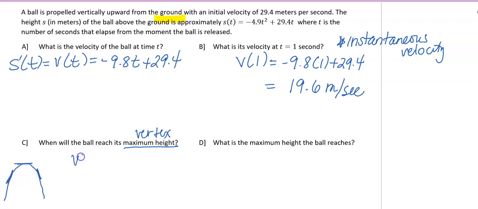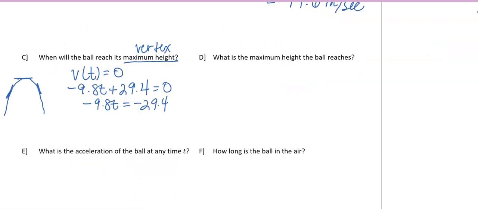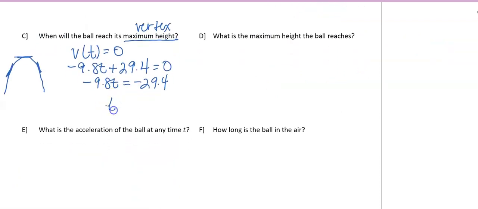So we want to find when v of t equals 0. So let's take negative 9.8 t plus 29.4 equals 0. And I believe t turns out to be 3 seconds.